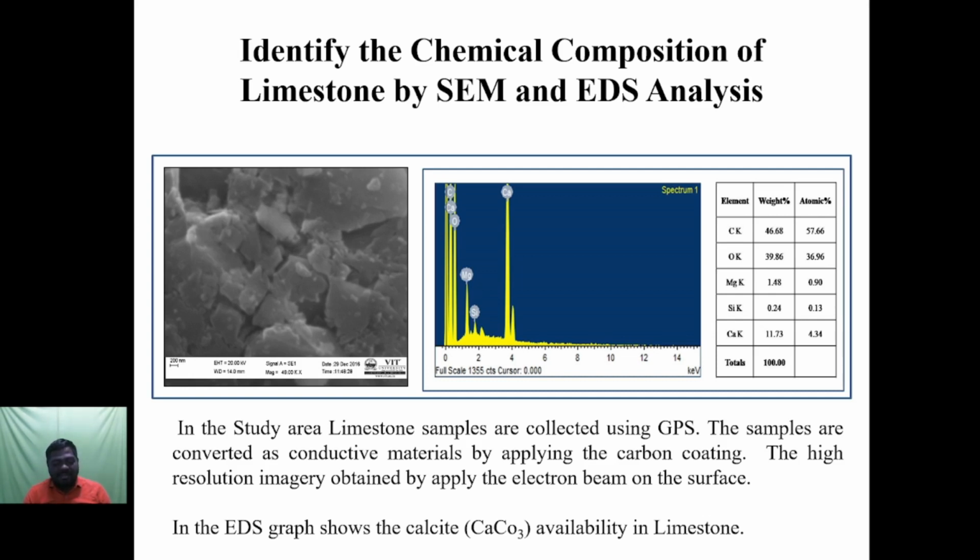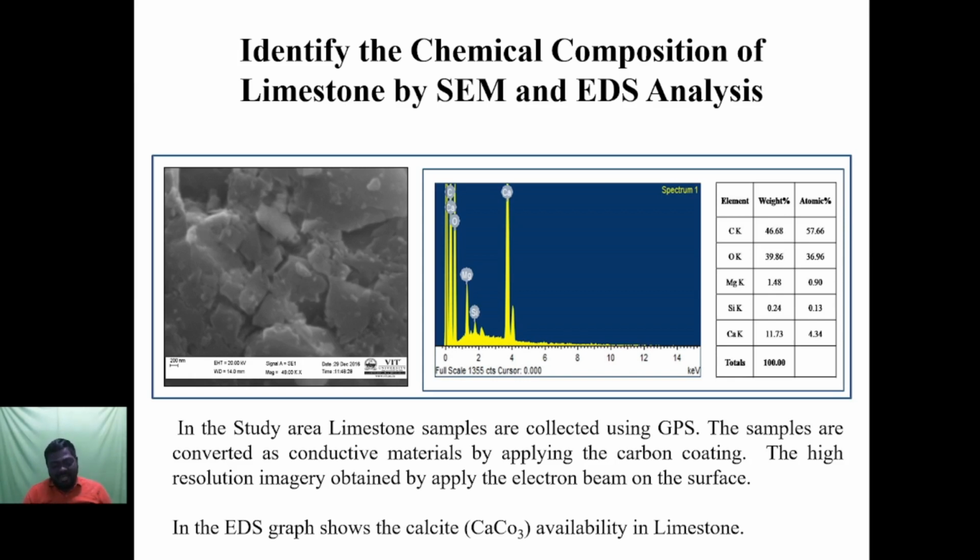The samples are non-conductive materials, but for the scanning electron microscope analysis the material needs to be conductive. For that we need to apply a carbon coating on the top of the layer first. When we apply the carbon coating, the electrons, which are negative, will directly move along the electron beam to the positive.